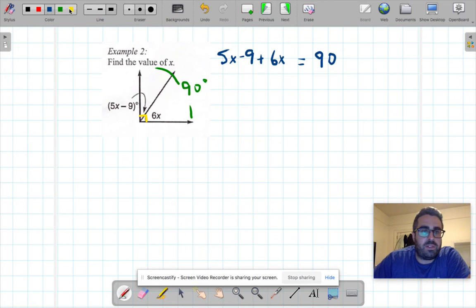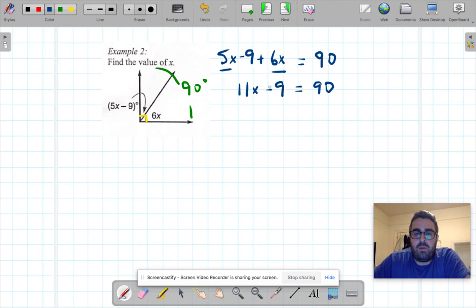Now you solve it just as you would any algebra problem. Combine your like terms. 5x and 6x adds to 11x. I bring down this minus 9. And now we're going to use inverse operations to find the measure of x. So I'm going to add 9 to both sides. Bring down this 11x.